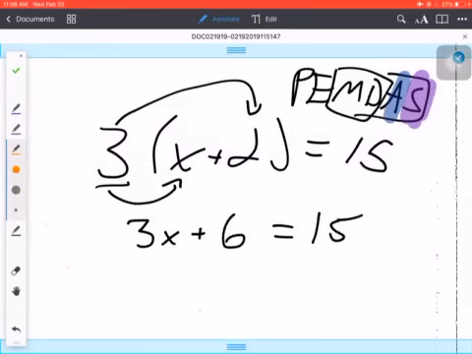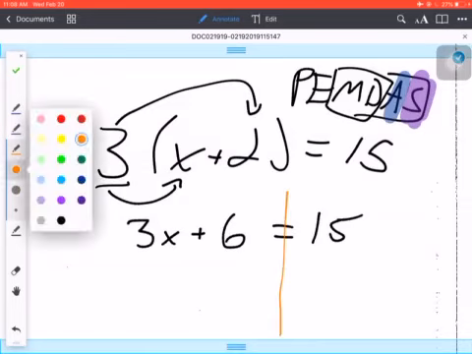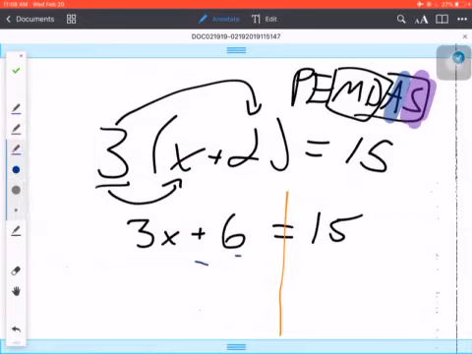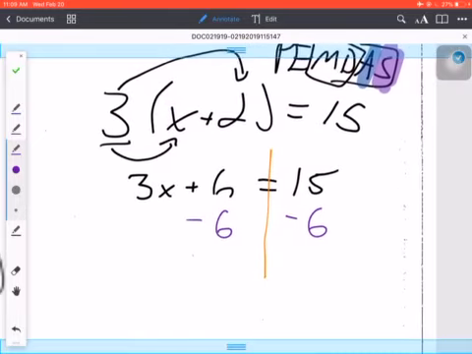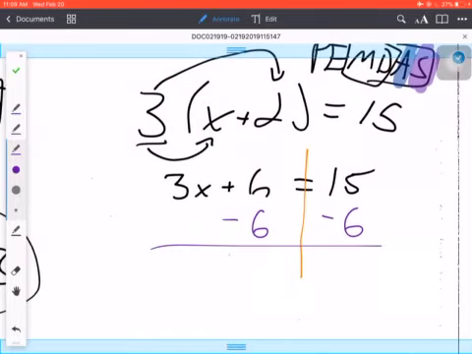Let's make my line first. You want a purple. There we go. All right. So I want to subtract 6 first. So I'm going to be left with 3x equals 9.